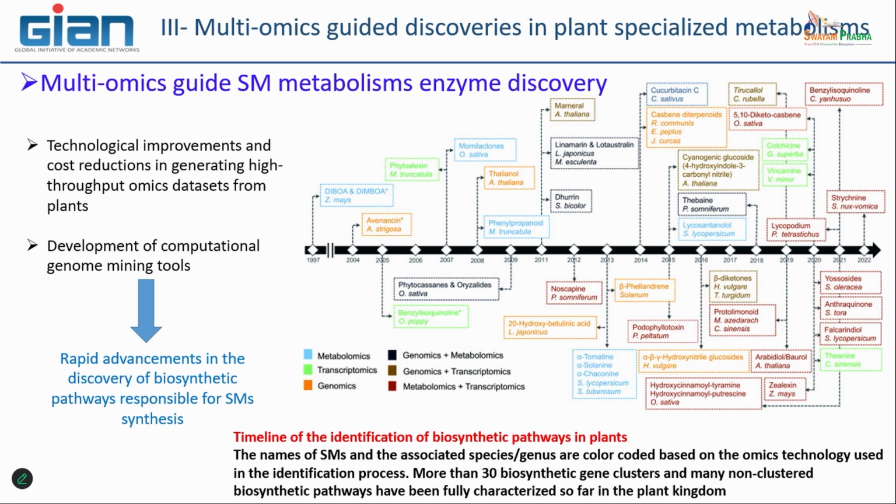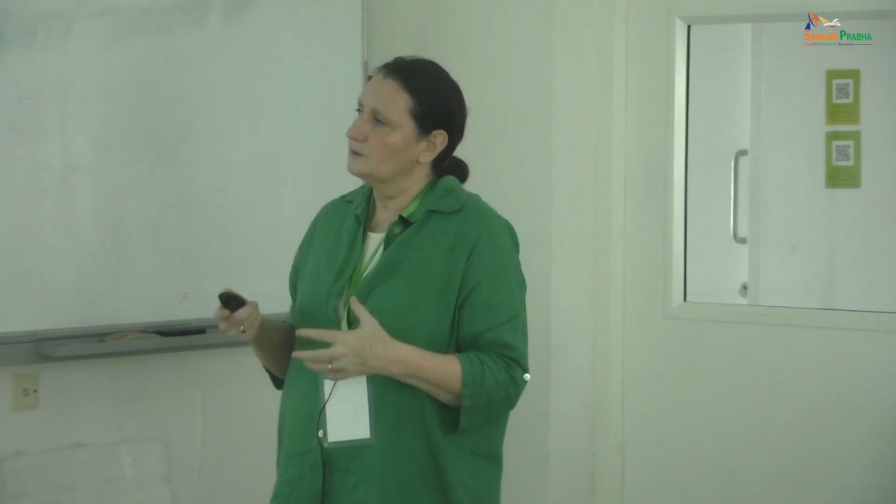But what we observe here is that in the last years, the most efficient strategy used to discover new genes combines metabolomics with transcriptomics. This means that now we can have an integrated study of these omics data, and this can be faster to identify not only one but sometimes several genes involved in a specific metabolic pathway.